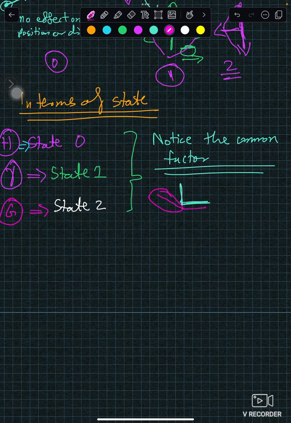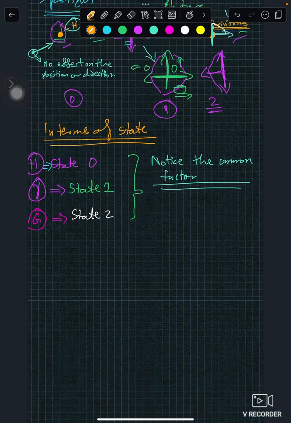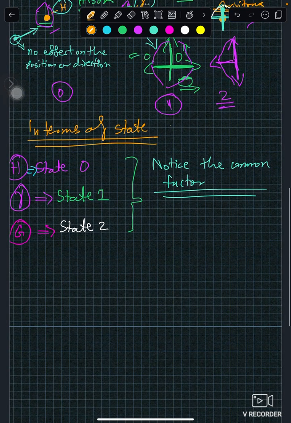This is what we call a half turn, not a full turn. So this is for particles with integer spin, we call it spin.